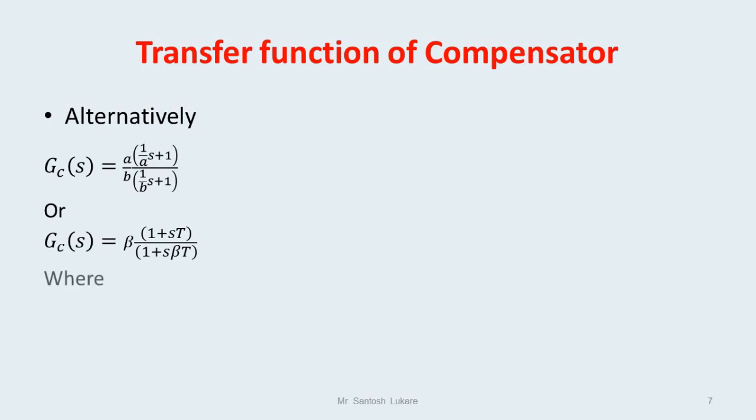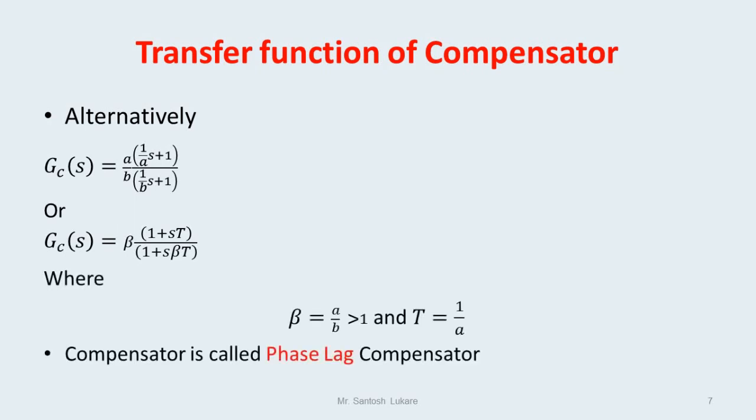Here beta is the ratio of a by b, and if we assume that b is less than a, then the ratio a by b is always greater than 1. So the beta value is always greater than 1, and beta is considered as an amplification factor for the lag network, and the capital T is equal to 1 by a, which is called the time constant of the network.